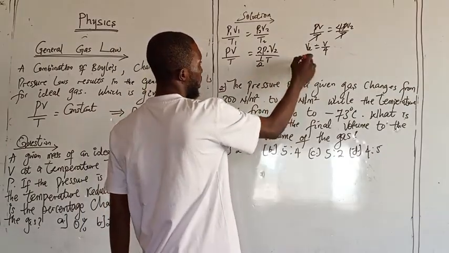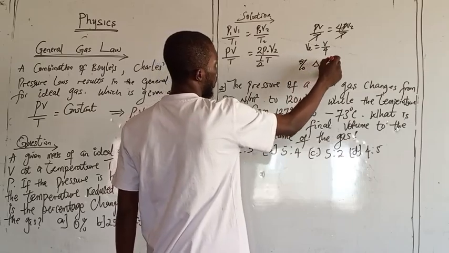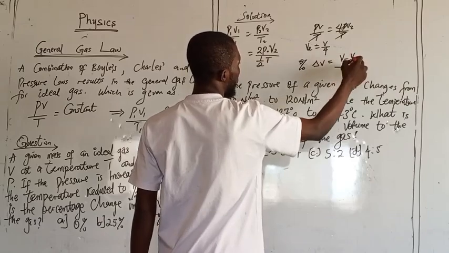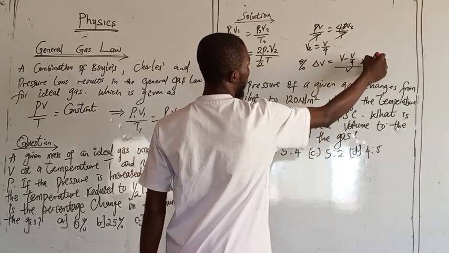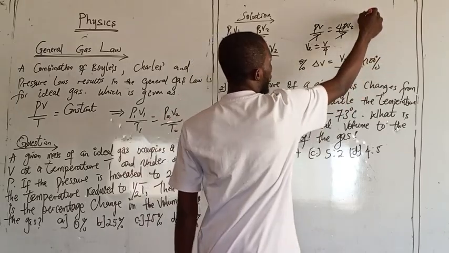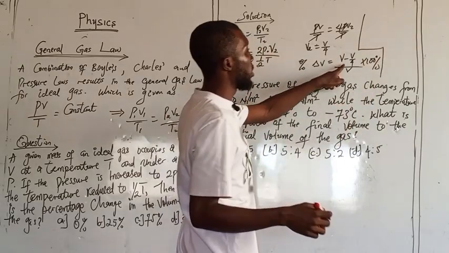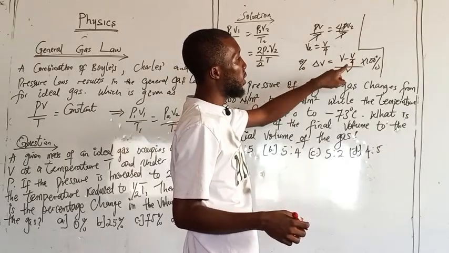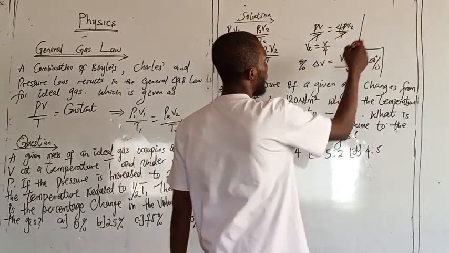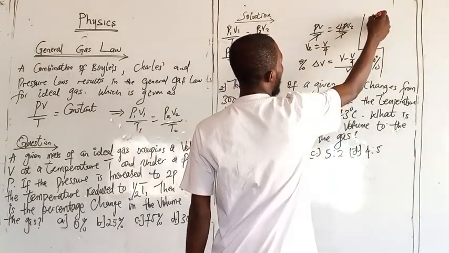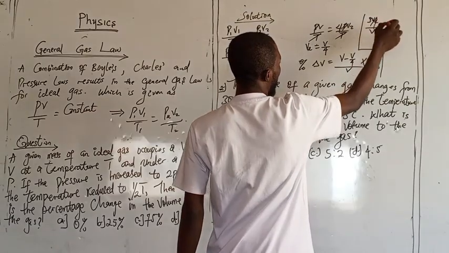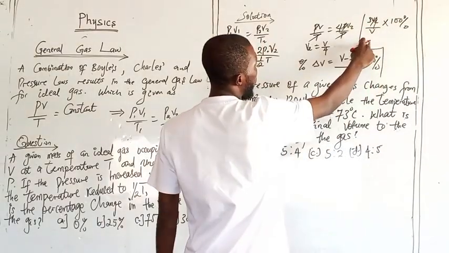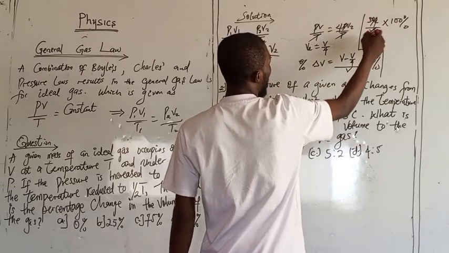Now, the percentage change in volume will be equal to initial minus final, divided by initial, times 100%. That gives us V minus V over 4, which is 3V over 4, divided by V, multiplied by 100%.